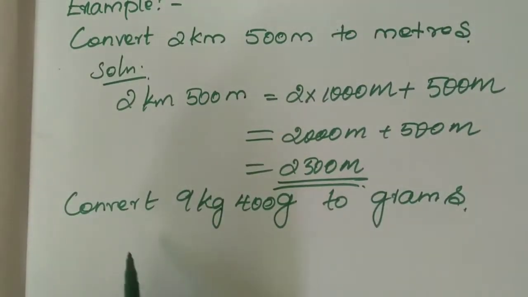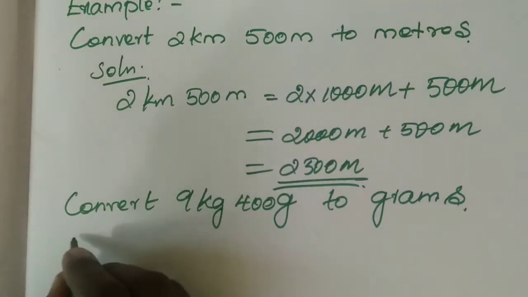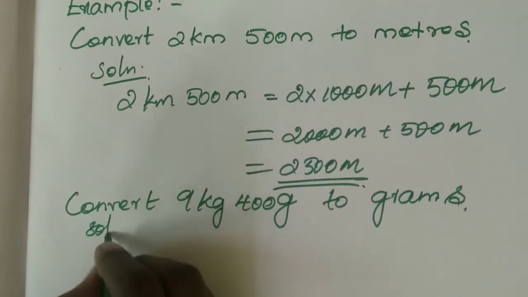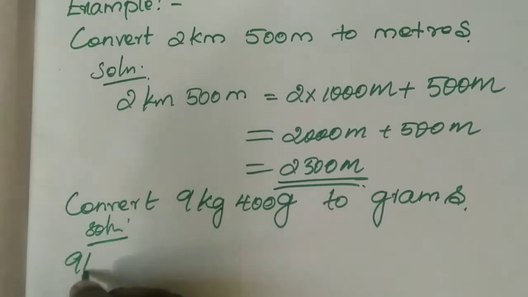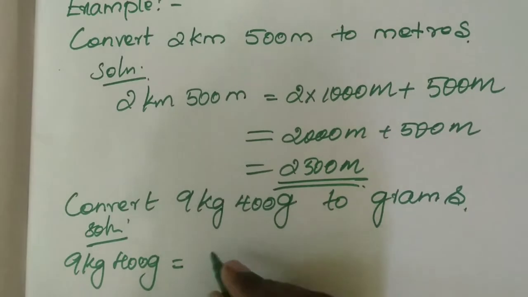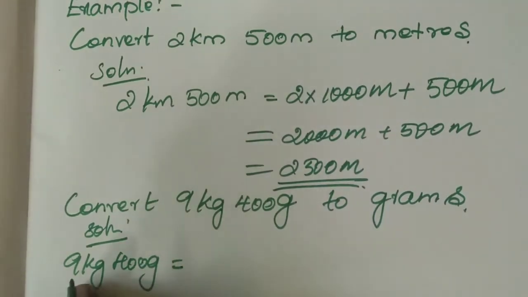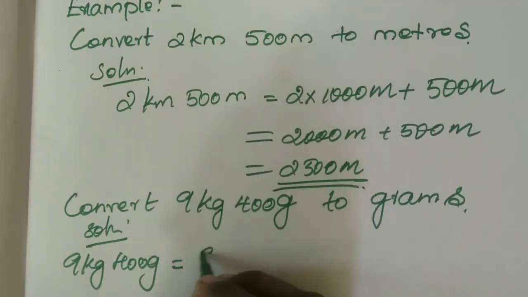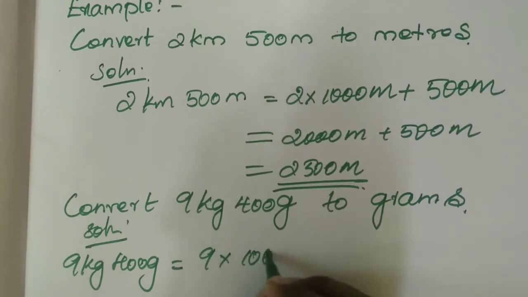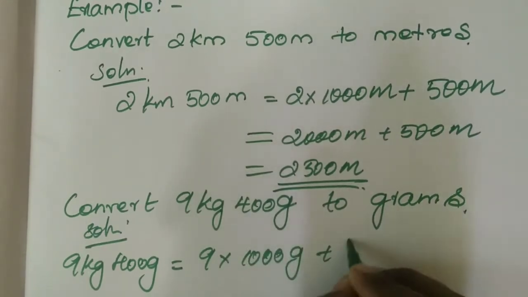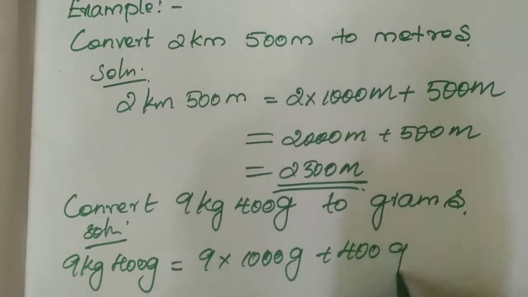Likewise, our next problem: convert 9 kg 400 gram to gram. 9 kg 400 gram is equal to 9 into 1000 gram plus 400 gram.